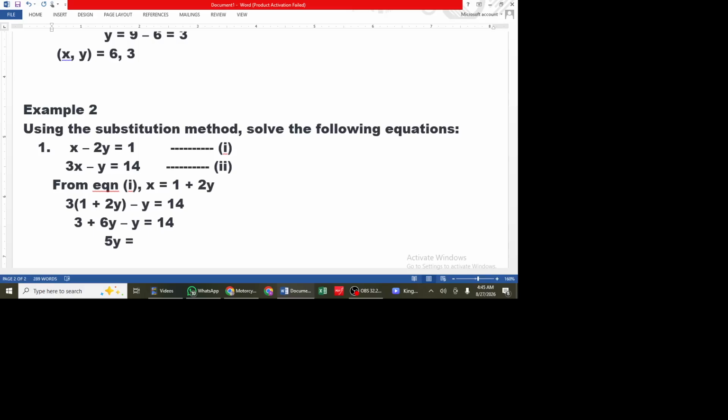Then you go to the other side, 14 minus 3, and 14 minus 3 will give us 11.